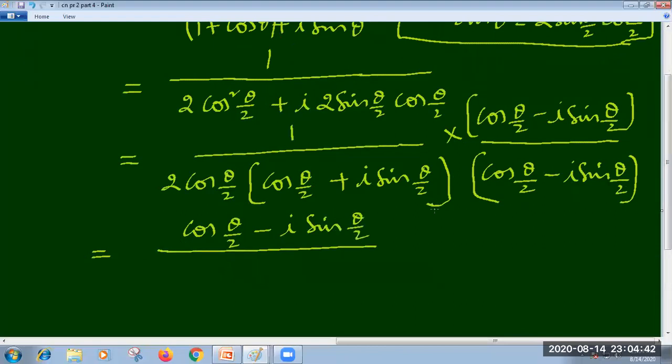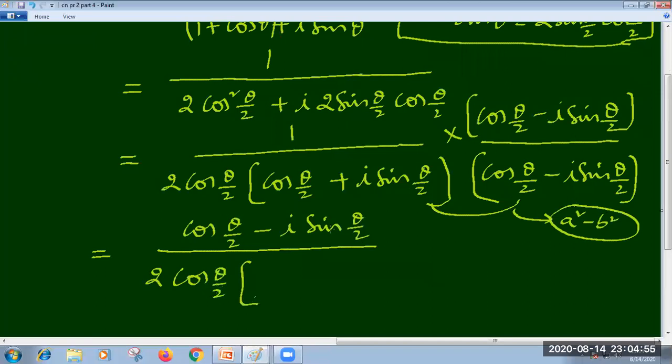So in the denominator it is in the form of a square minus b square. So a plus b into a minus b, you write cos theta by 2 as it is. Multiplying these two, it is a square minus b square.